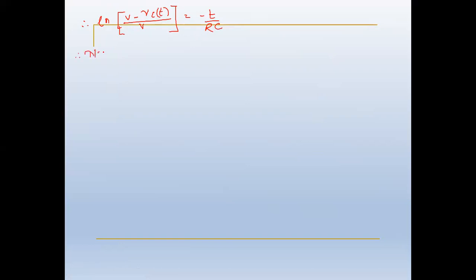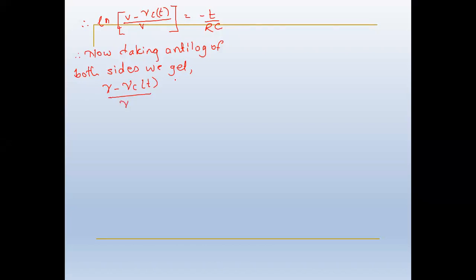Therefore, now taking antilog of both sides, we get (V minus Vc of t) divided by V is equal to e raised to minus t by RC, isn't it?